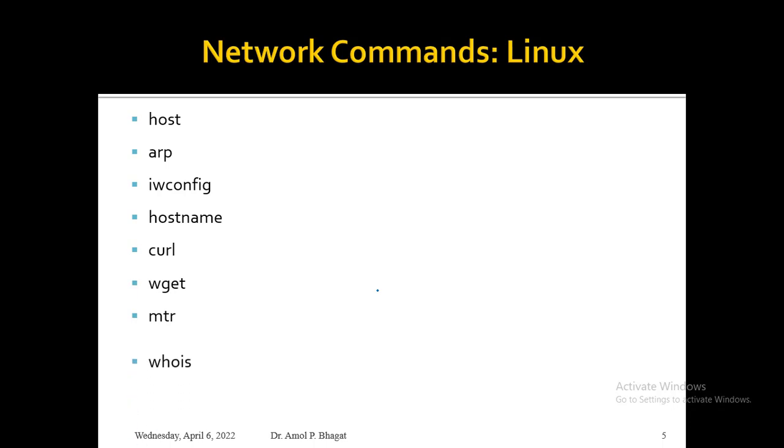Then this is the most important command, that is whois, right? You can simply type whois in the terminal, and after that whois command you can type the name of any website, right? Just for example, if you are receiving an email from an unknown domain email server, you want to check who is the owner of that particular domain.